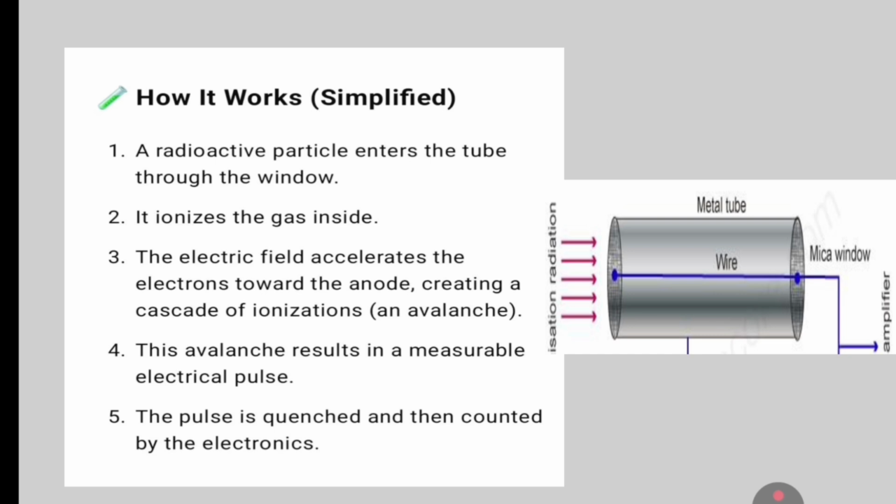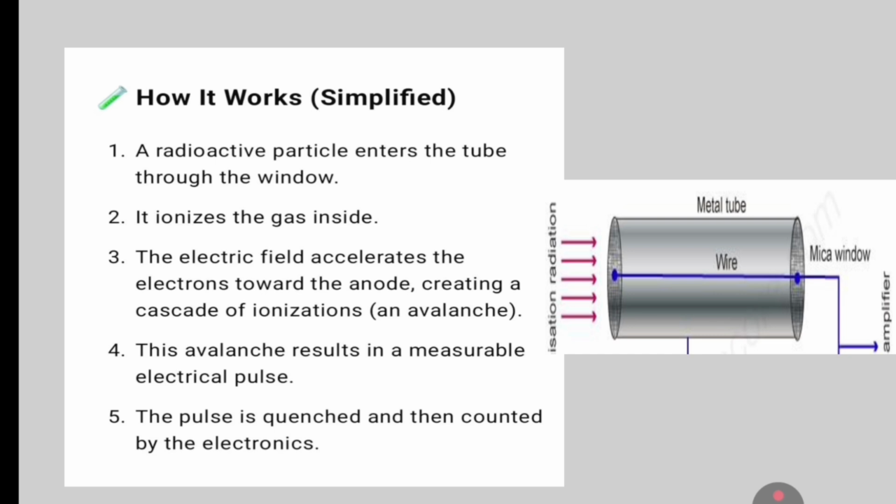Now, the working of a GM counter. Radioactive particles enter the tube through the mica window and ionize the gas inside, such as argon or helium, in the tube along the axis of the wire.